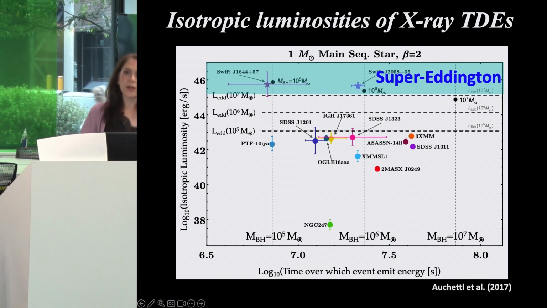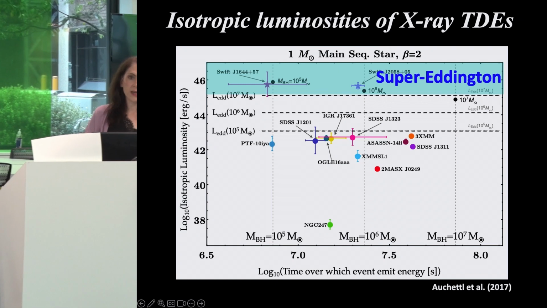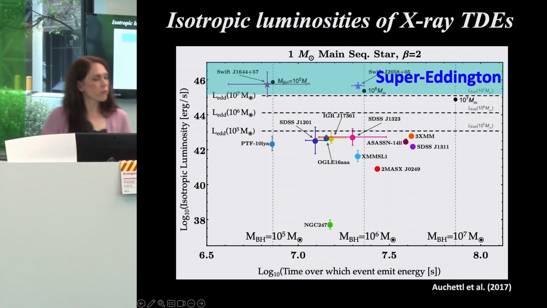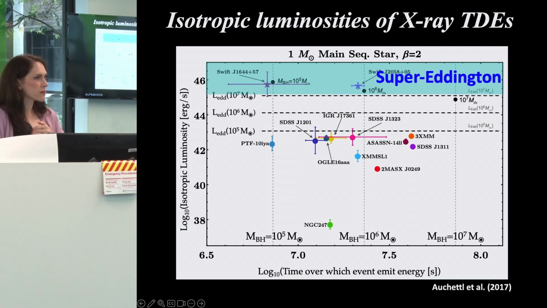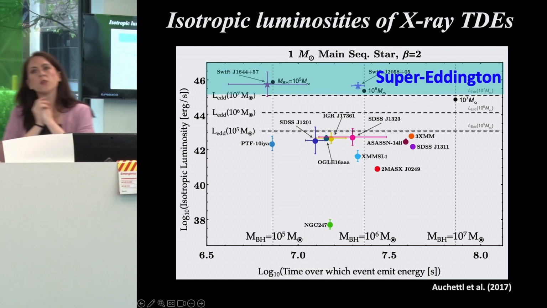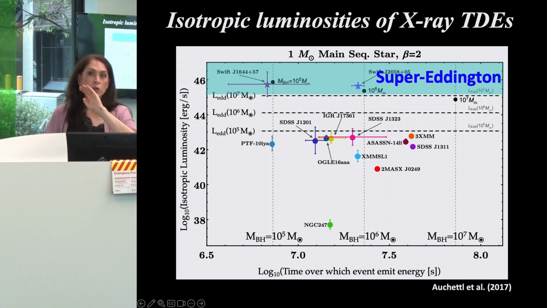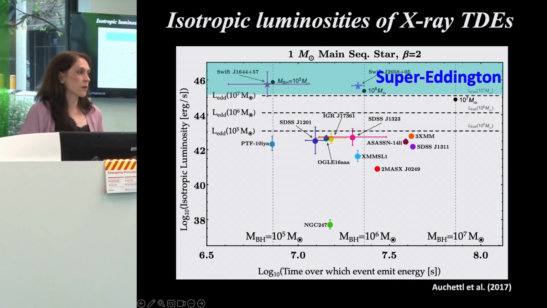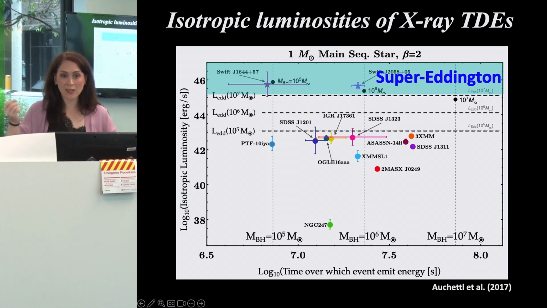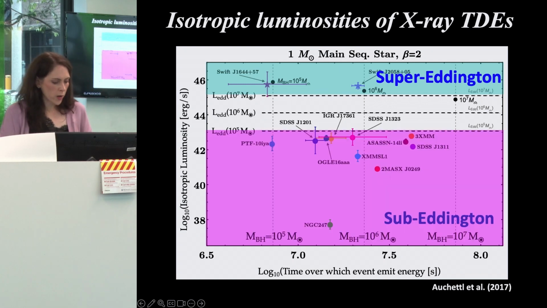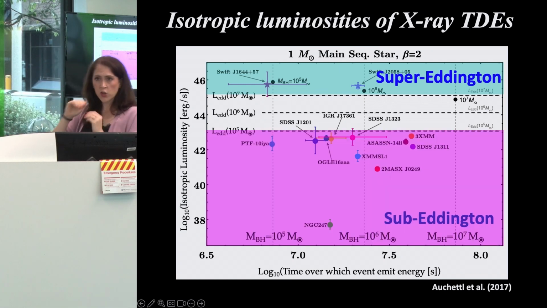Why do they tend to fall up there? Well, they exhibit strong jets, and jets can do whatever they like. They're collimated energy, so they can easily violate what we're expecting. These ones are predominantly the hard X-ray jetted events that we see, while the vast majority of them are sub-Eddington.